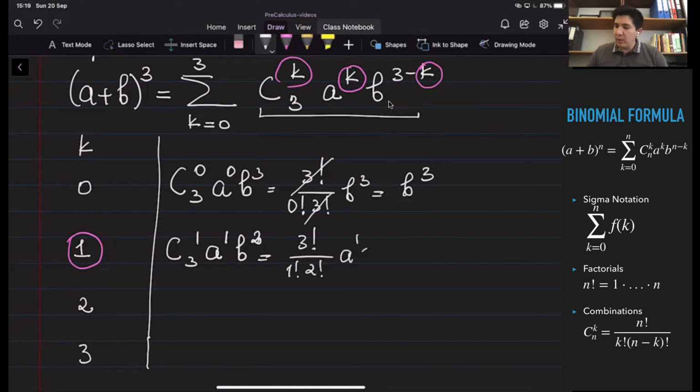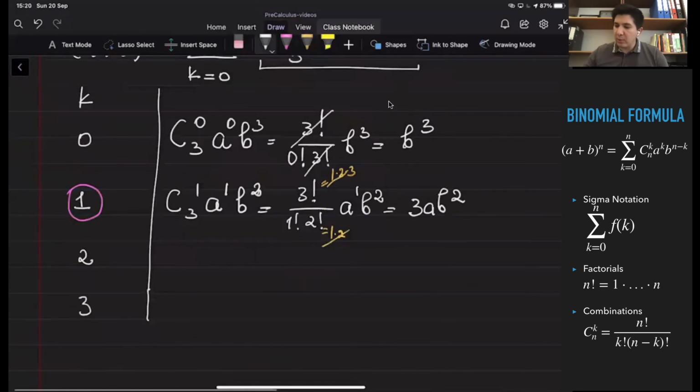So a^1, b squared. We know that 3 factorial divided by 2 factorial is equal to 3, because 3 factorial is the multiplication of 1, 2, 3, and if you divide by 1 times 2, there will be only 3 left. Here we have 1, 2, 3, and here we have 1 and 2, so these cancel, and you have simply 3. So this is going to be 3ab squared.